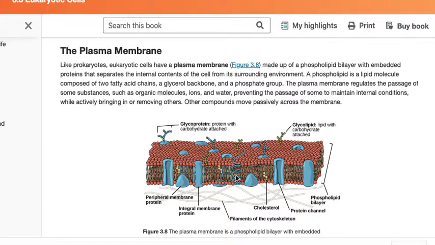So again, the heads are polar, and that means this red part is polar and hydrophilic. It likes being around water so that you can keep your cells hydrated. But the inside of this layer is hydrophobic. It's nonpolar, so it'll push the water through.